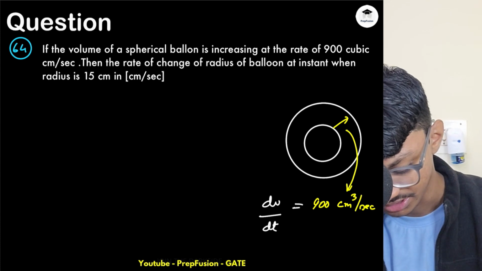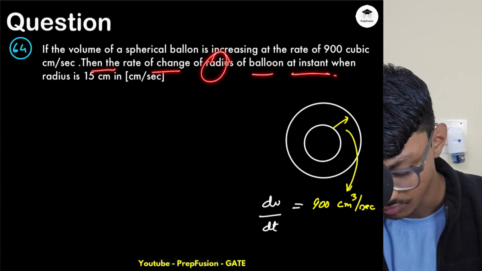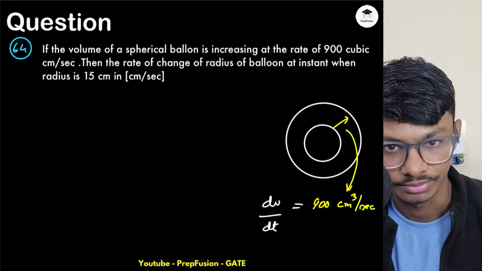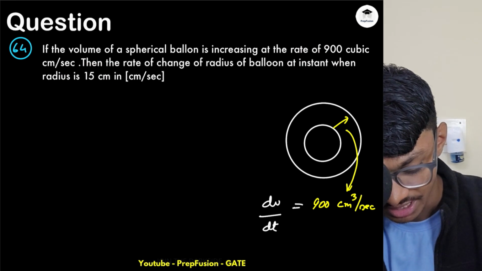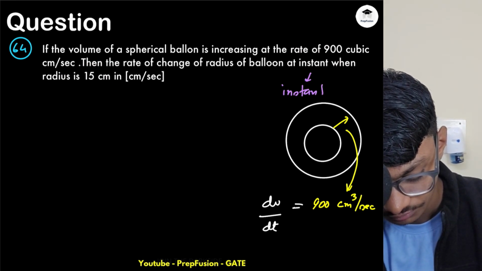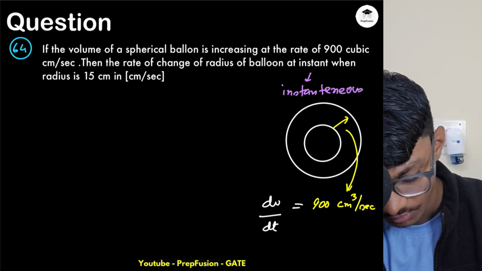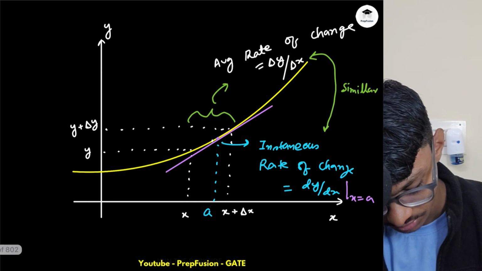Now what is the question asking us? To find the rate of change of radius of the balloon at the instant when the radius is 15 centimeter. It is talking about instantaneous, at that instant.